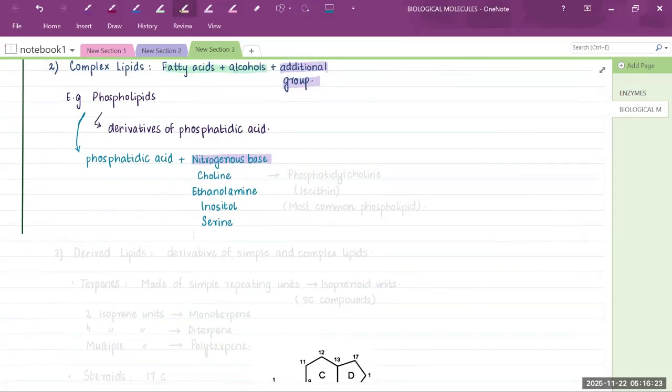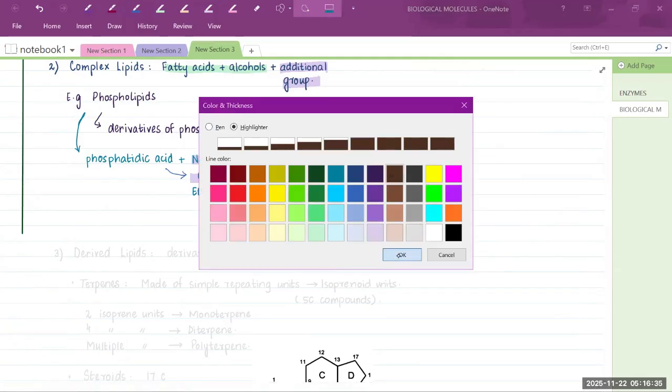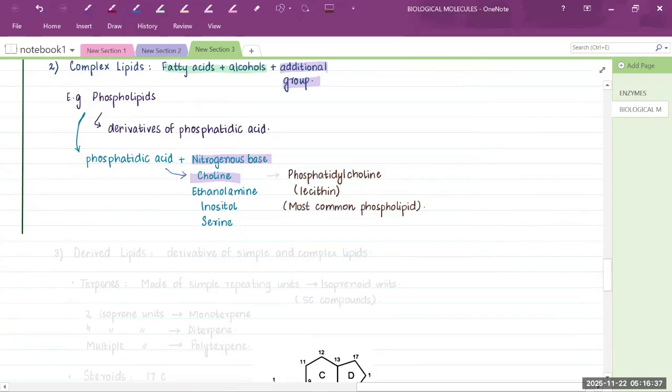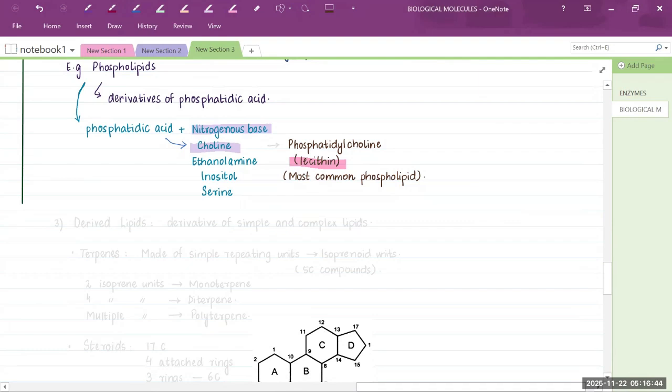We have to remember, when phosphatidic acid is added to choline, we'll get another compound known as phosphatidylcholine, and the common name for this is lecithin, and it is the most common phospholipid.